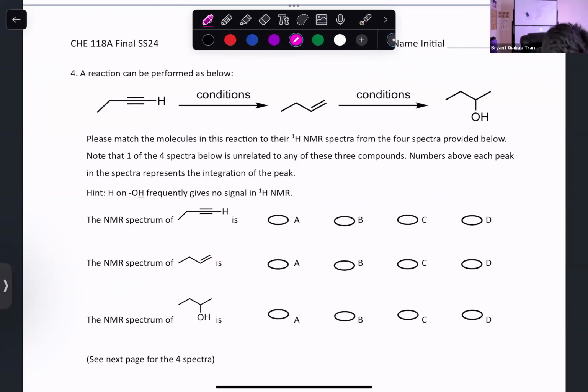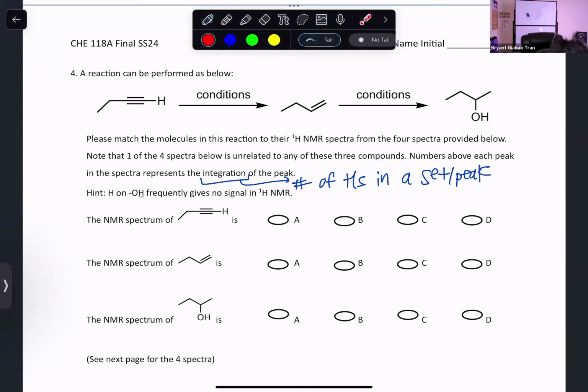So integration, let's go over that concept. It's going to be the number of hydrogens in a set or a peak, right? So the hydrogen on OH frequently gives no signal on H NMR, right?